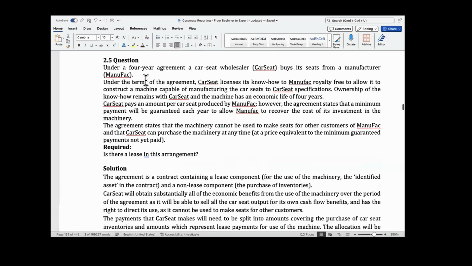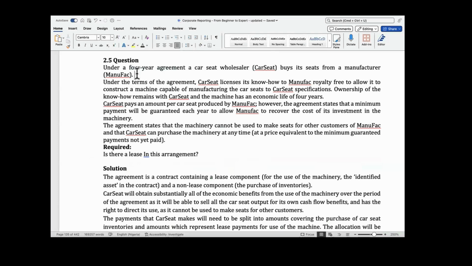This one says under a 4-year agreement, a car seat wholesaler called car seats buys its seats from a manufacturer.